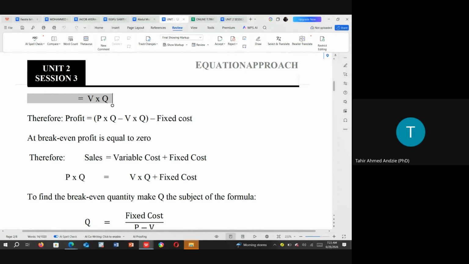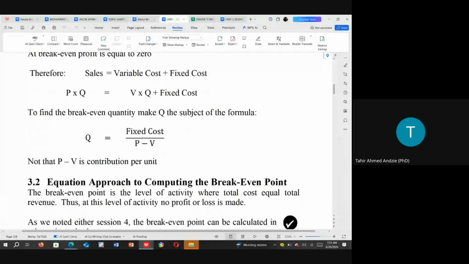But this sales is equal to price times quantity, which therefore will be equal to variable cost per unit times the quantity, plus fixed cost. And therefore, when you group like terms, we are factoring the quantity out.